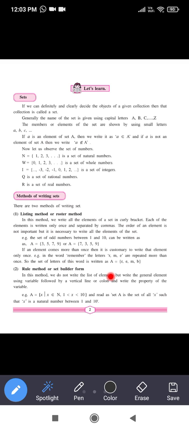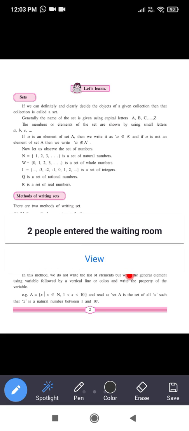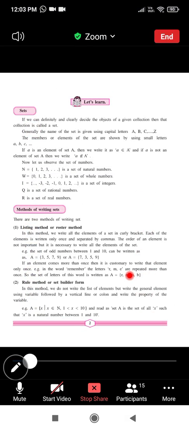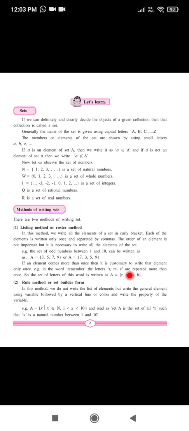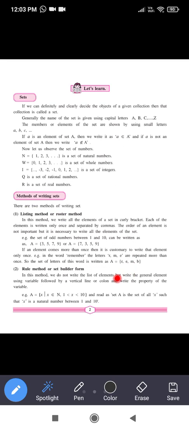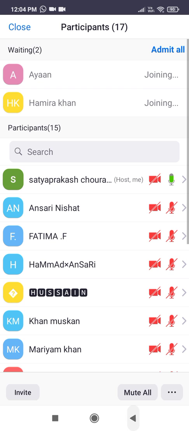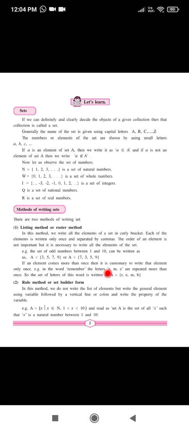So the set of letters of this word is written as A. The total number of letters without repetition is only 5: R, E, M, B and A. So the set of the letters in the word remember is A equals, in curly brackets, R, A, E, M and B.